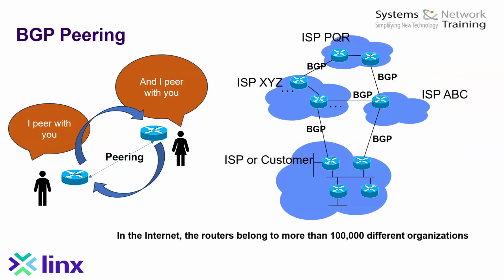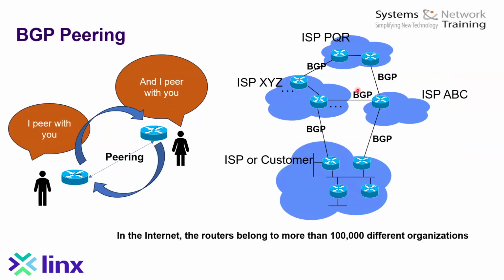Now, there is a term which is used in many different contexts, but I want to just try and be very specific here. We have a term called BGP Peering. So what is BGP Peering? Well, this is fundamentally something that you do as an internet router.